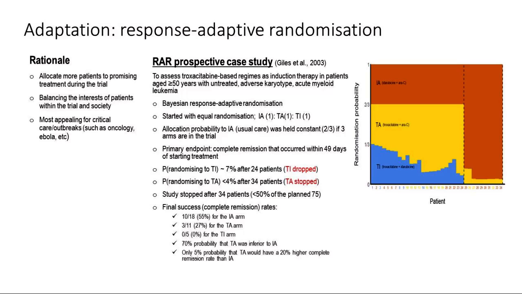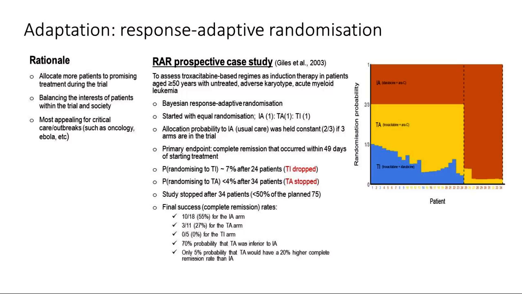So it could be that one patient had a good response, and that will affect the randomization a lot. So some would say, okay, why can't you fix the randomization at 1-to-1 until a certain point, maybe after X number of patients, and then you change the randomization after that? That could be another solution.